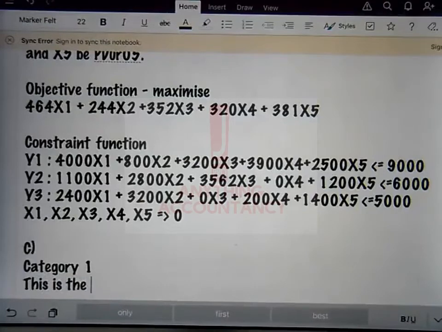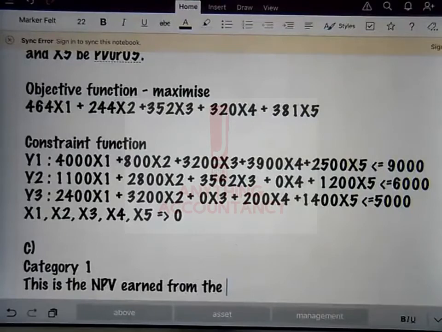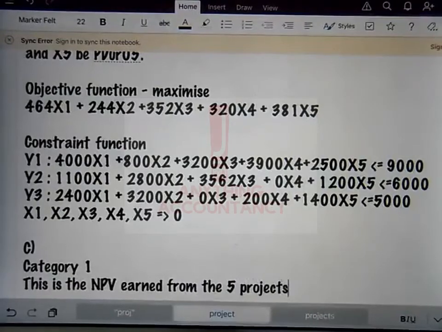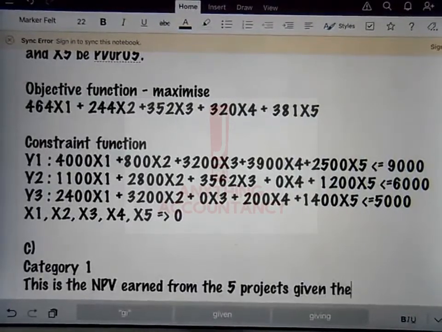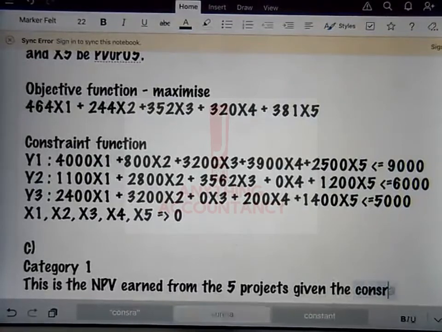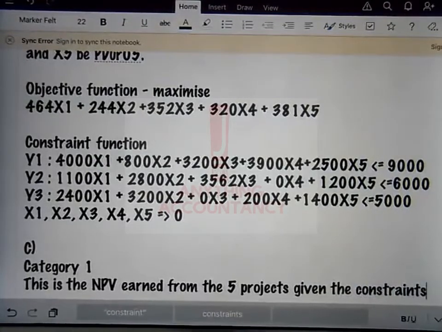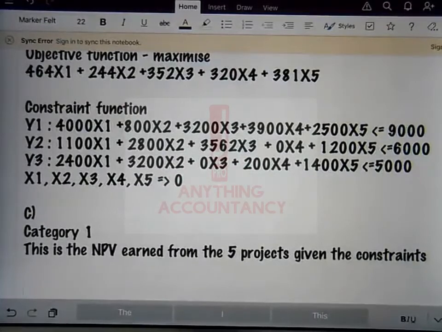This is the NPV earned. Are you clear? NPV earned from the 5 projects, given the constraints. Got it?